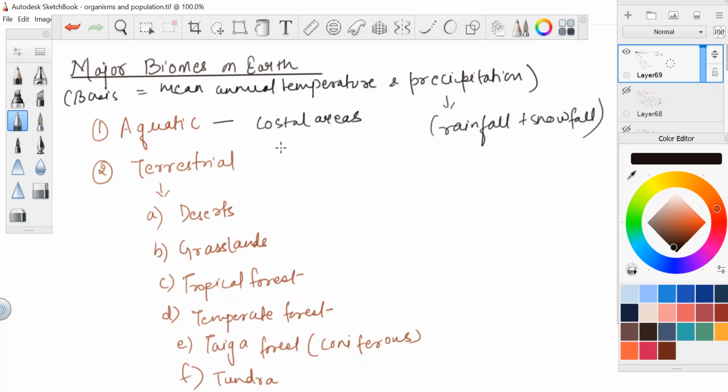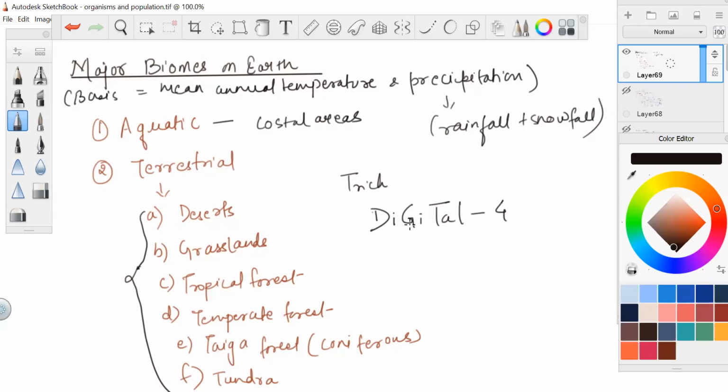There is also a trick to remember this. You can make it yourself. For remembering all the aquatic and terrestrial, you can write the trick as DGT.